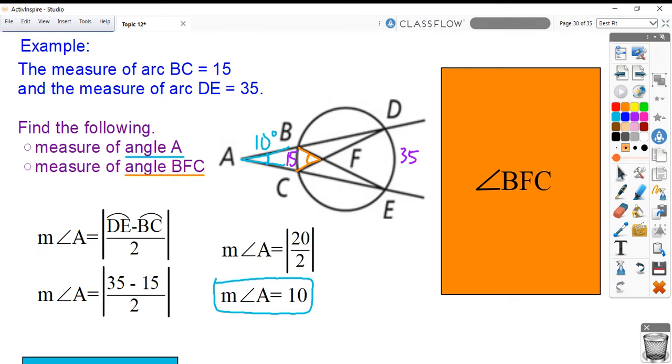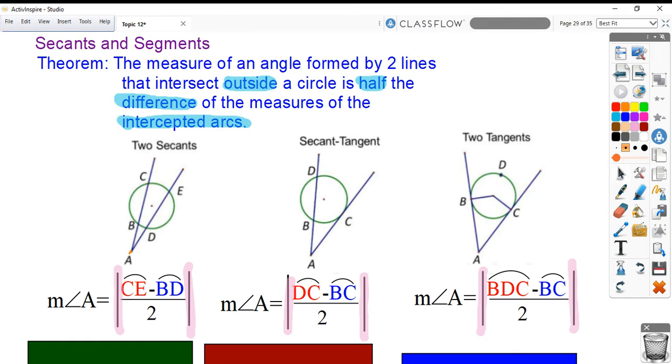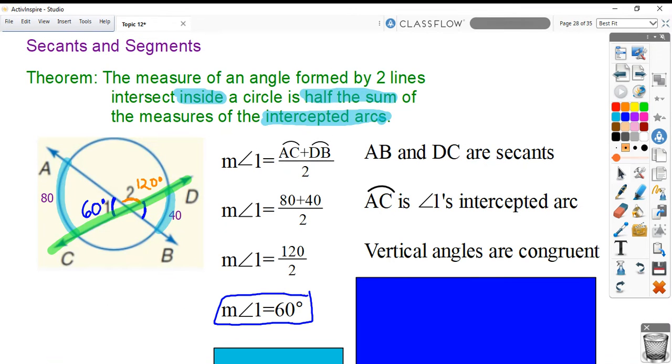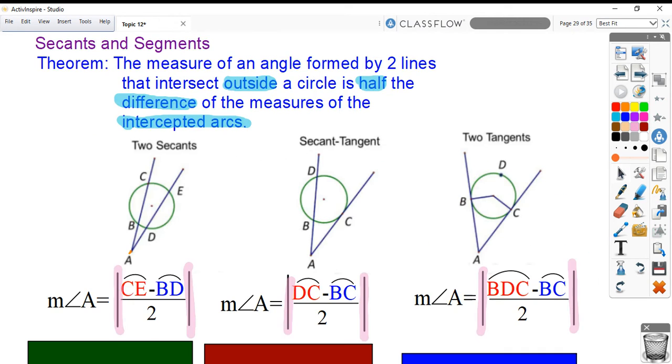Our next question is asking about angle BFC. This time, you can see it is on the inside of this circle. Since BFC is on the inside of this circle, we must be dealing with that other theorem from the beginning that says we're going to take half the sum.